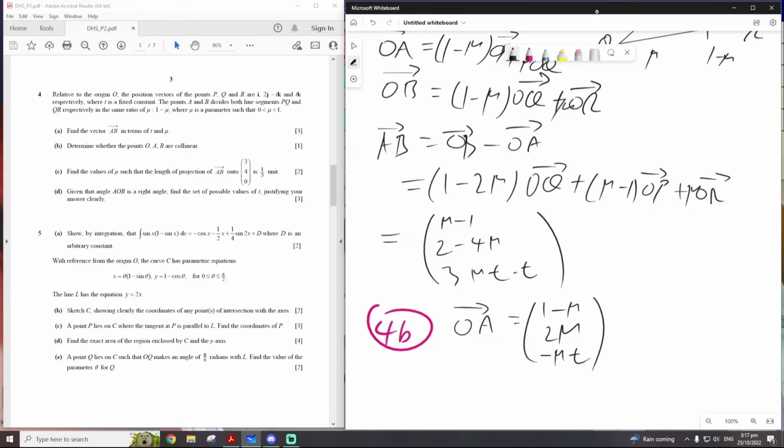Okay? And clearly this is not equal to alpha of AB, where alpha is a real number, therefore not collinear.